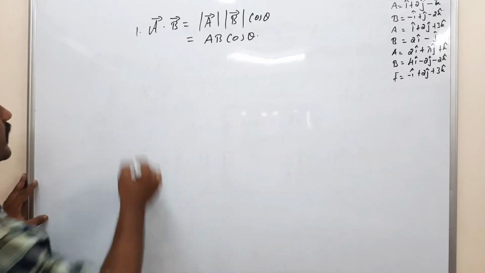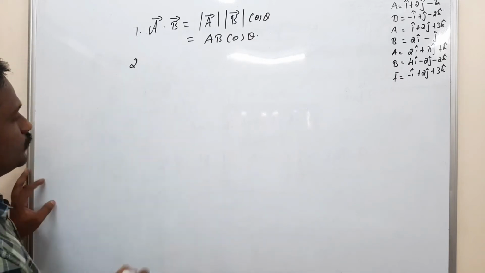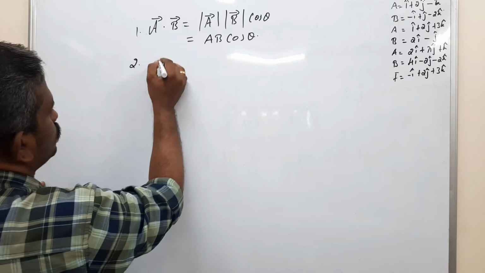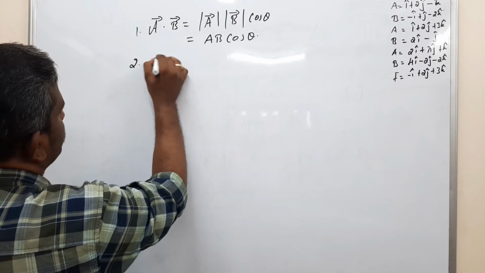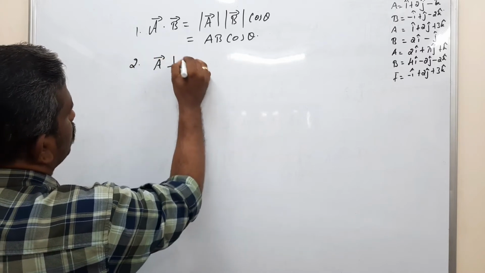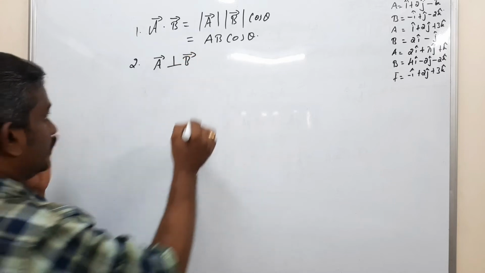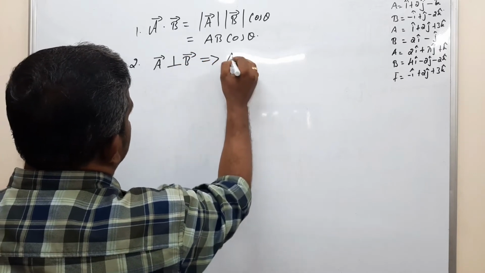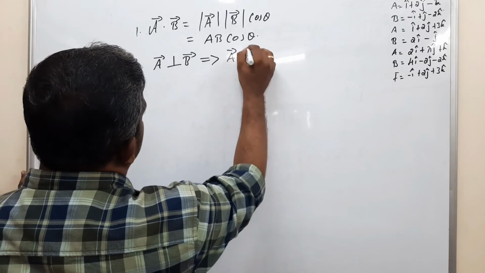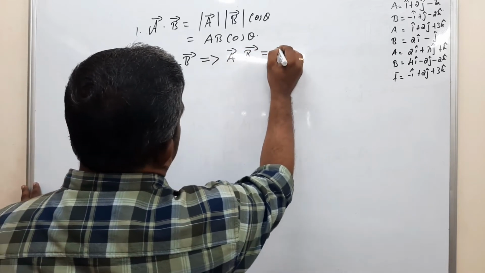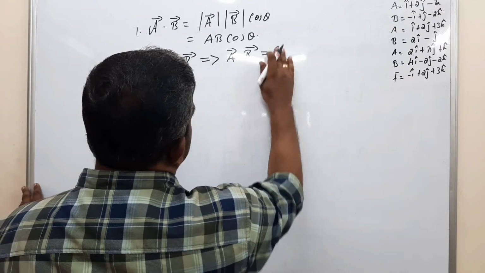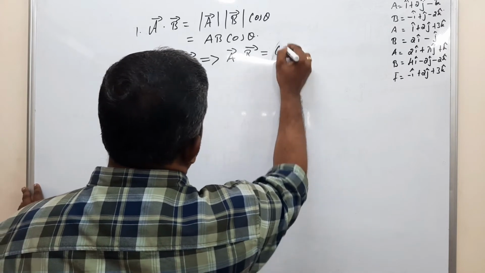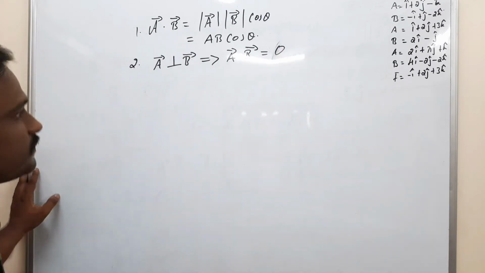Second, if two vectors are perpendicular, that is A vector is perpendicular to B vector, then what is the dot product? A vector dot B vector is equal to 0.